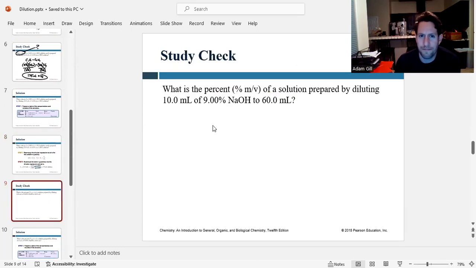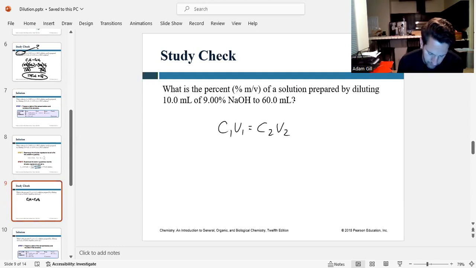Let's do another one. What is the percent of a solution prepared by diluting 10 milliliters of 9% NaOH to 60 milliliters? Same equation, C1V1 equals C2V2. And we are diluting 10 milliliters of 9%.